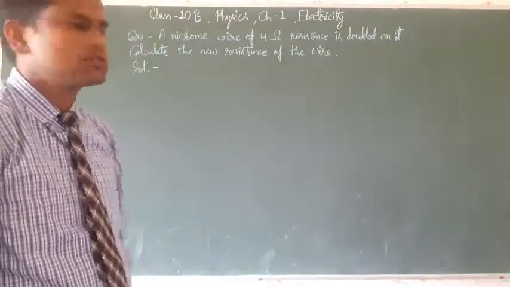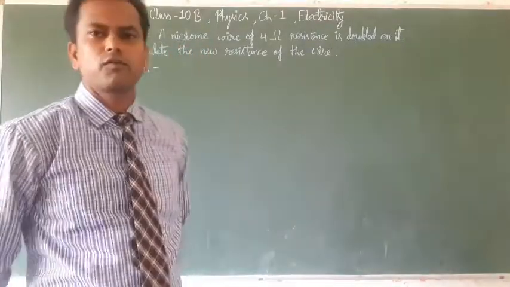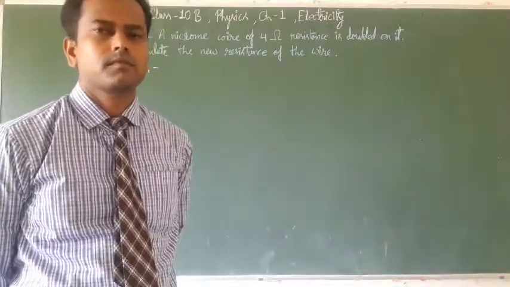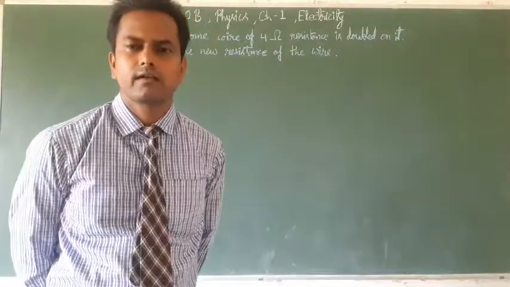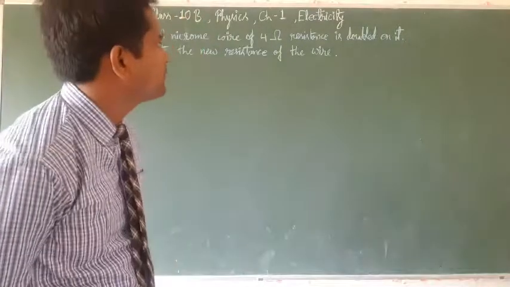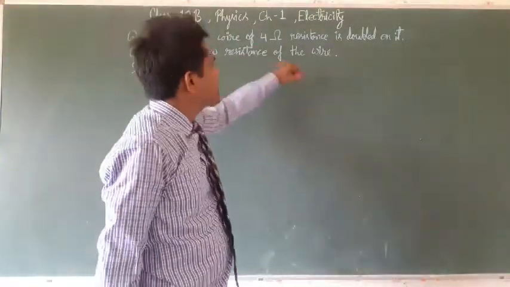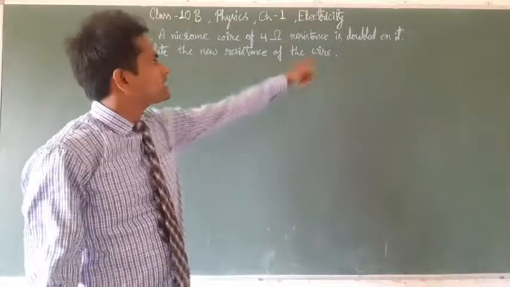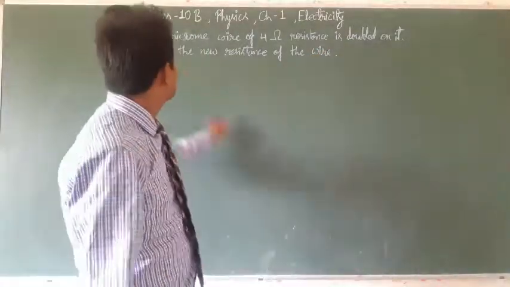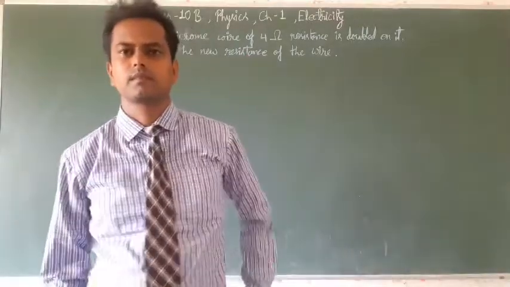Now read the next question. A nichrome wire of 4 ohm. We have a nichrome wire which has a resistance of 4 ohm. If the length of the nichrome wire is doubled, then calculate the new resistance of the wire.